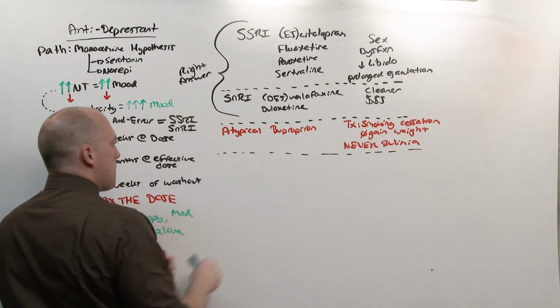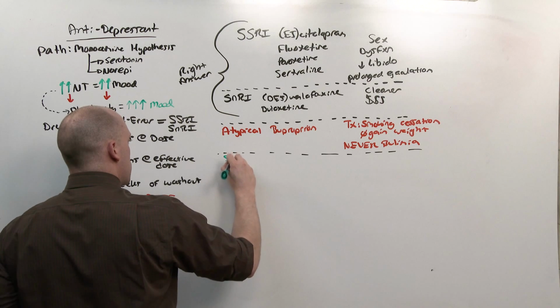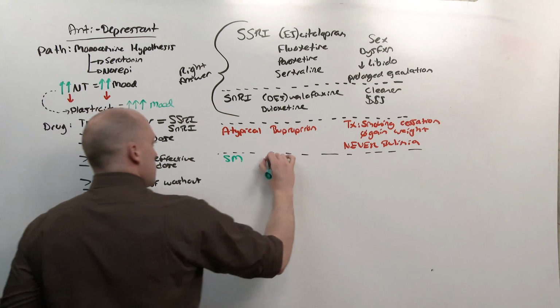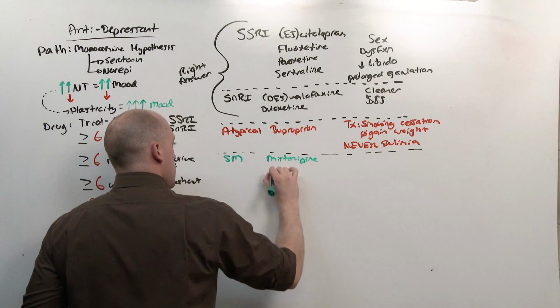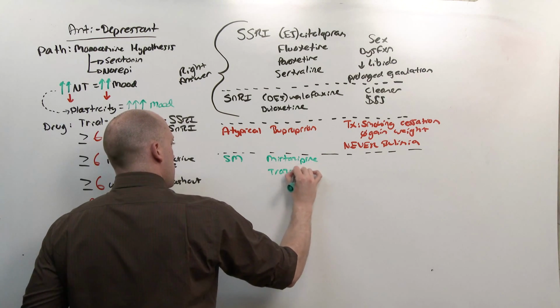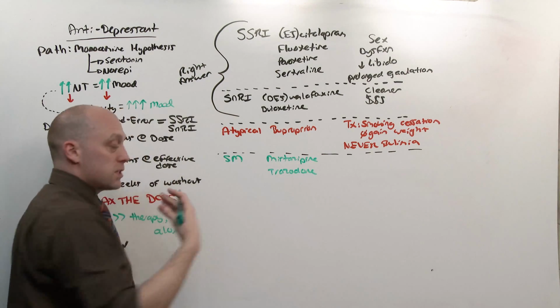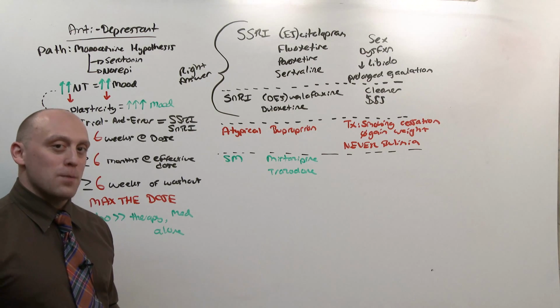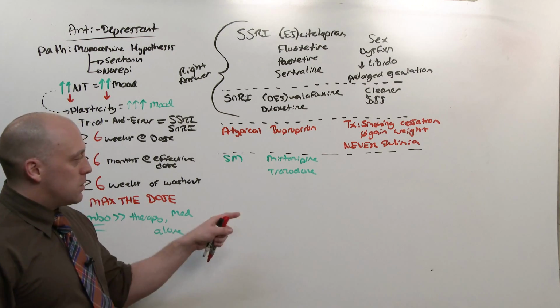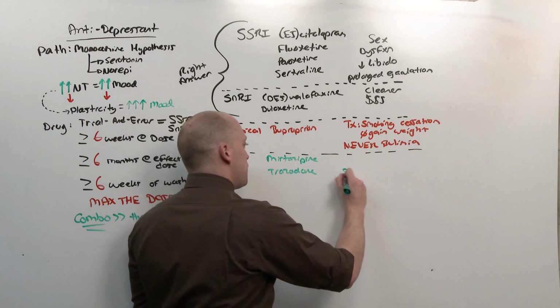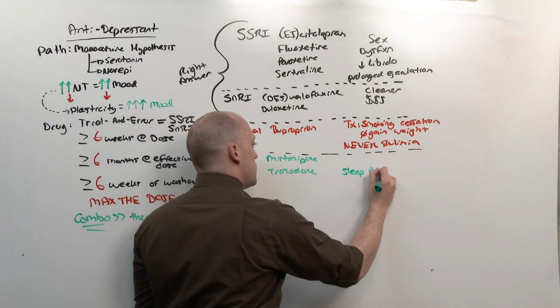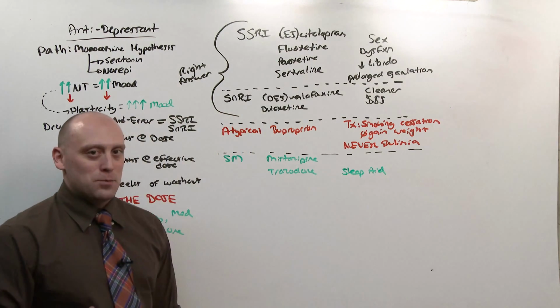The serotonin modulators are actually pretty crappy antidepressants. Mirtazapine and trazodone. So much so that they're more used for their side effect than they are their primary treatment. Trazodone has such high somnolence that we actually use it as a sleep aid. And it is almost never used as an antidepressant.